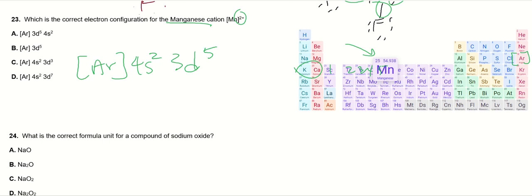We've got to remove 2. They're going to come out from the s orbitals. Remember that. Transition metals will lose their s electrons before their d's. So there it is.